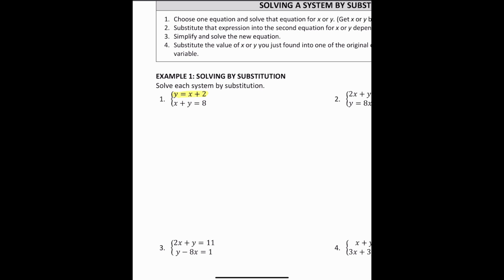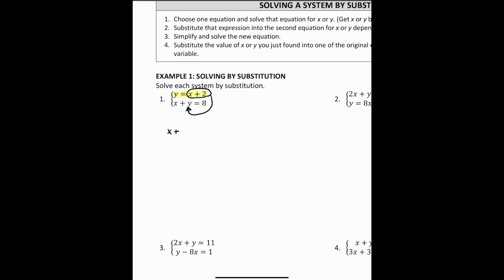Know that if y is x plus 2, then with this expression here, I can take that and replace this y with that x plus 2. That's the whole substitution business that we're talking about today. So I have x plus, all right, so we know that that's originally y.